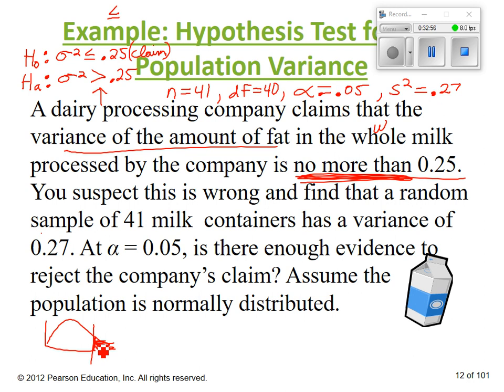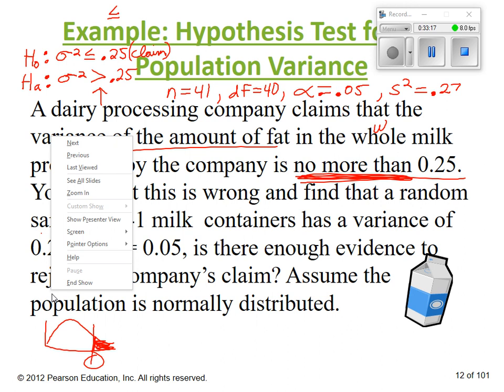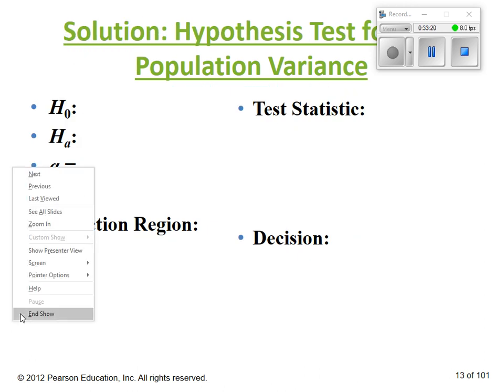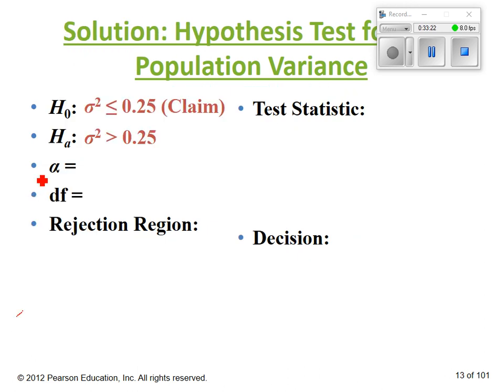We go down to 40 and go over to 0.05. What's that tell us? So that's what should go right here, 55.758. Hopefully that's right. I can't see it. So it looks like we did that right.